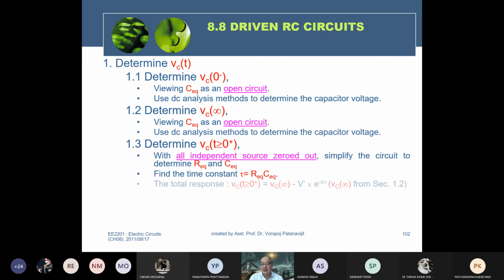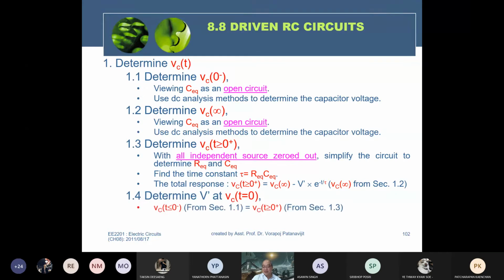After that, the response will be in this form. Even though you get the solution in this form, you get some unknowns in here. These unknowns, you can determine by taking advantage of one point: the capacitor voltage at time less than 0 must be equal to that at time greater than 0 when time equals 0.